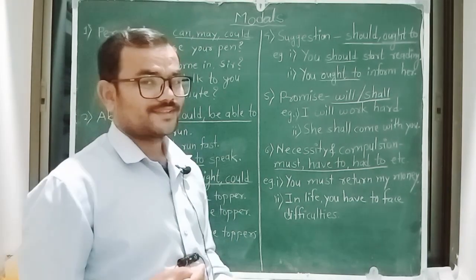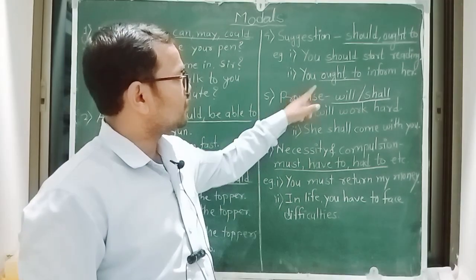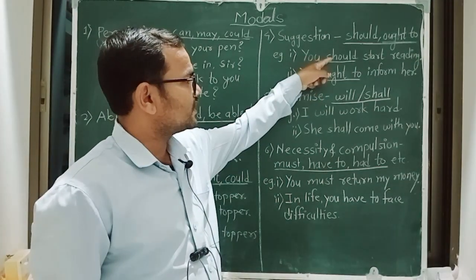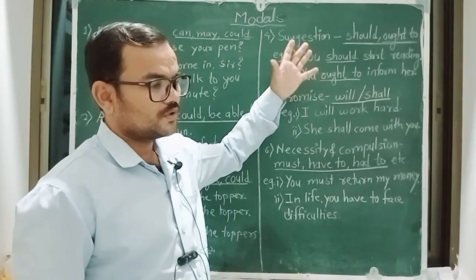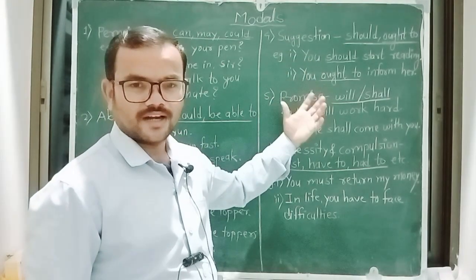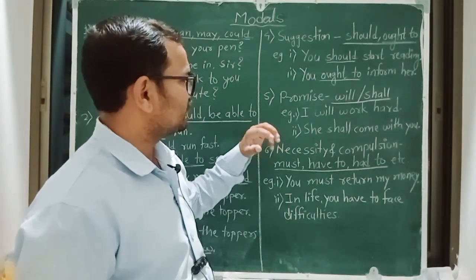But whenever we express promise, the situation gets reversed. So will is used with I and we, and shall is used with the third and second person pronouns.